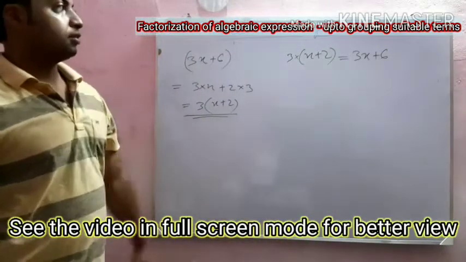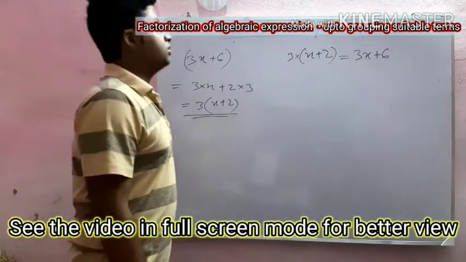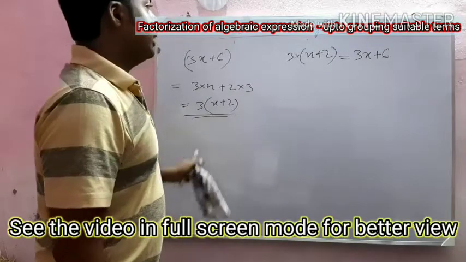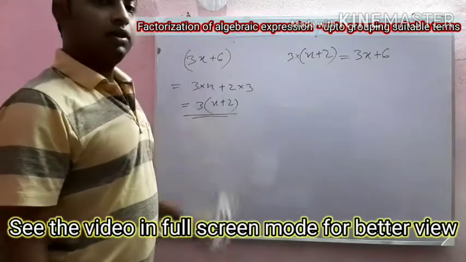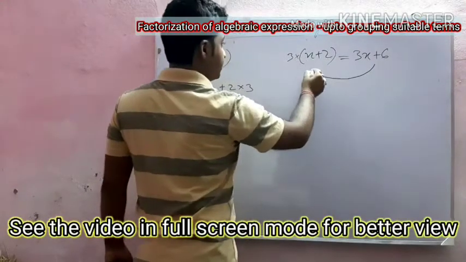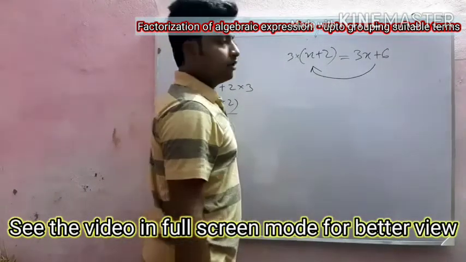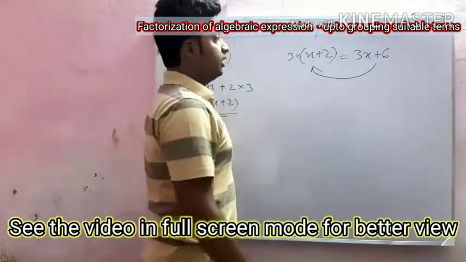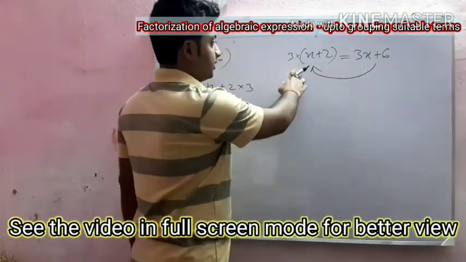See, that means finding the product using the distributive property takes you to the given expression, and factorization means the reverse process. If an algebraic expression is given to you, then you need to find out the factors.